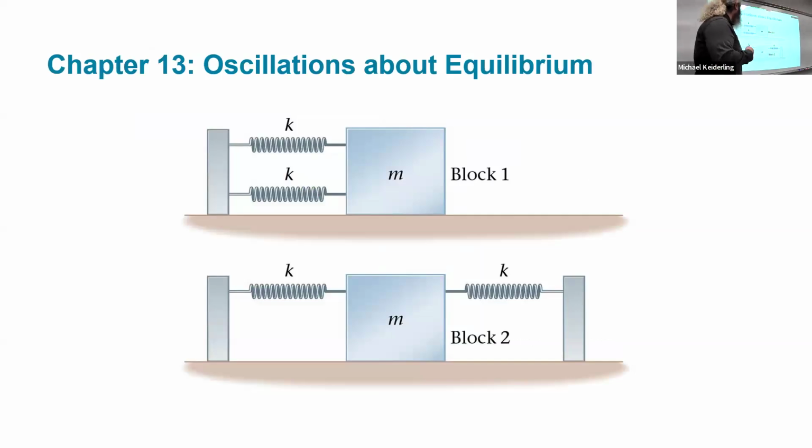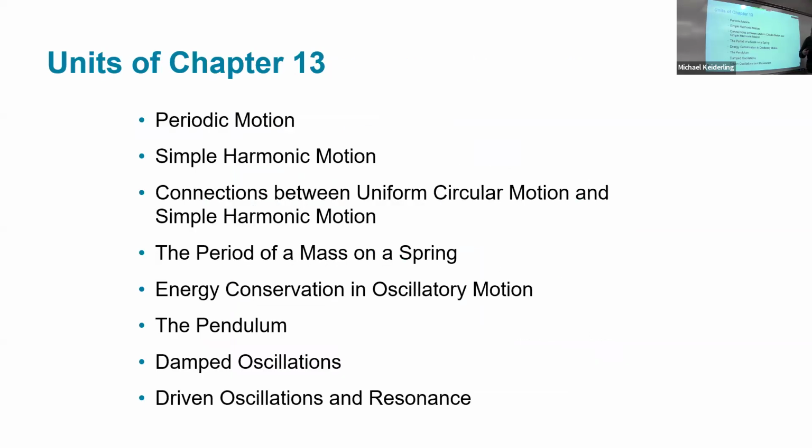If you have a mass on a spring and you set it in motion, it will oscillate. We're going to start by talking about what periodic motion is. Then we'll talk about simple harmonic motion, and the connections between uniform circular motion and simple harmonic motion.